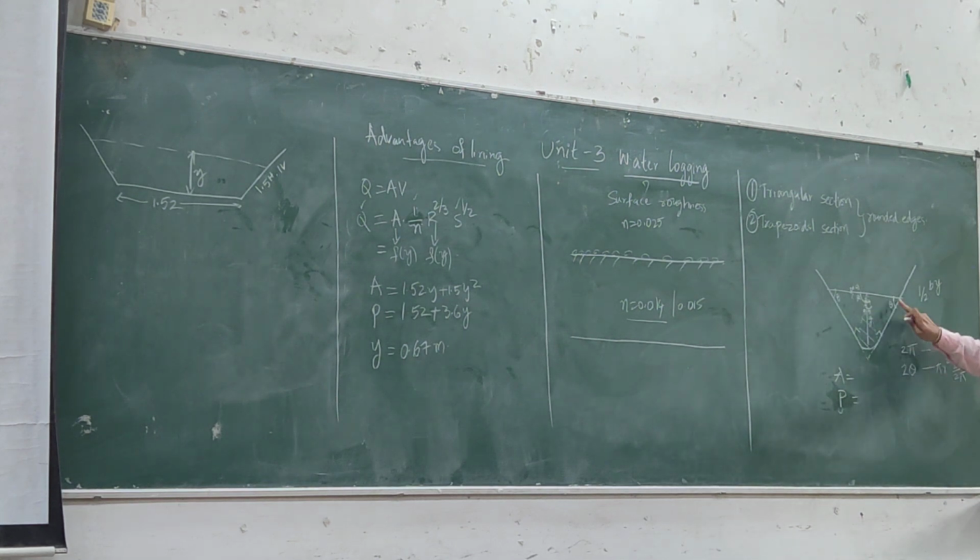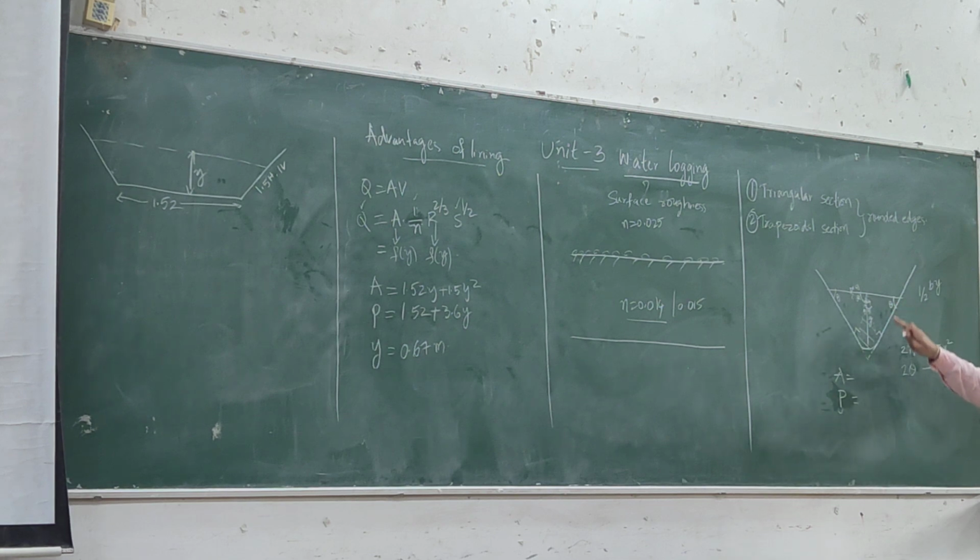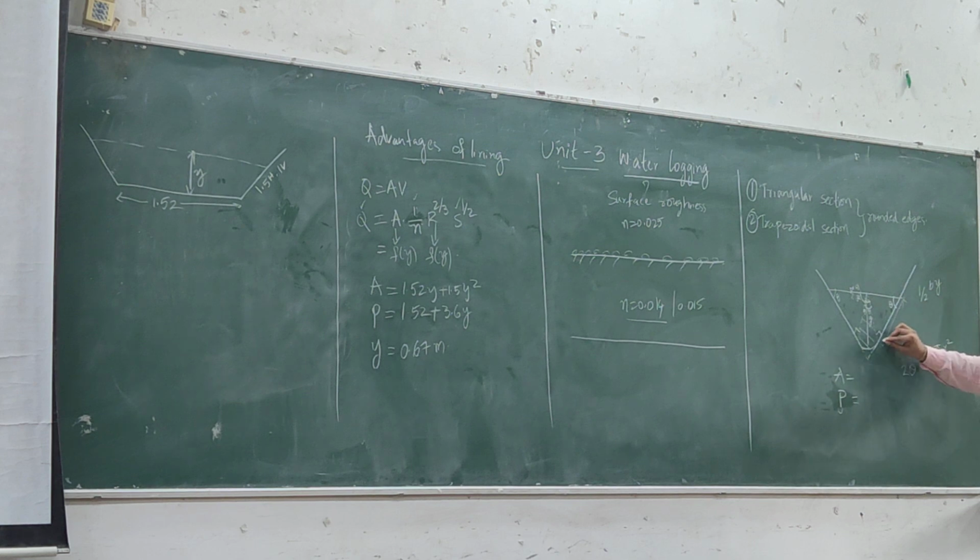So this is my triangle, this is at right angles, so height is y. Now we need to find what is this base. So this would be y cot theta.